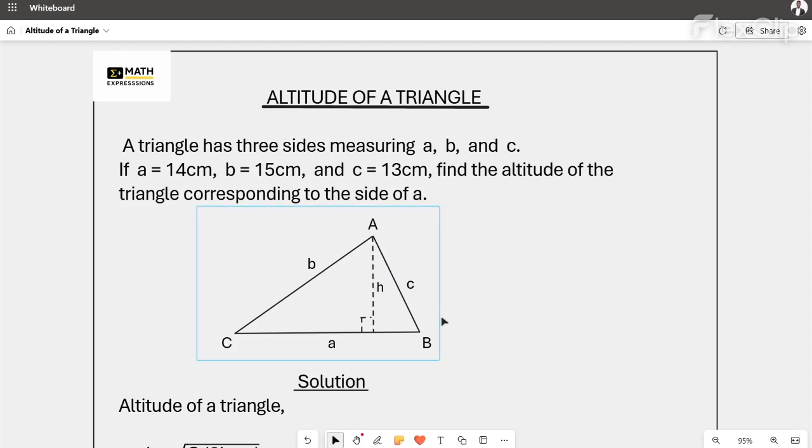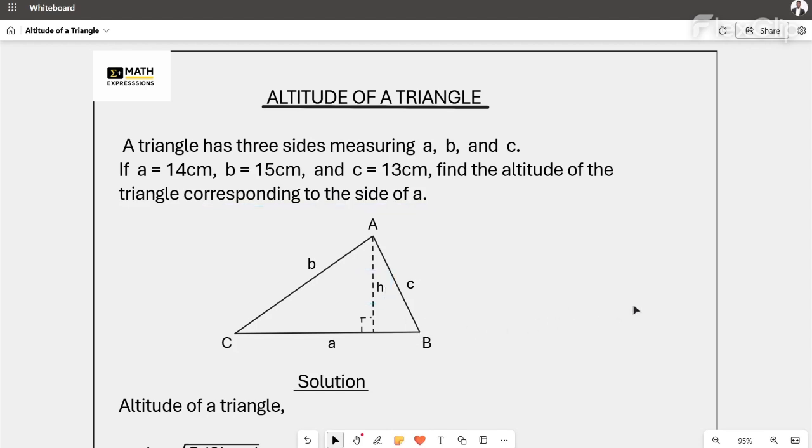But before we move on, it is important to let you know that we are not going to use any of the other methods we've known before now for finding altitude of a triangle in this video, which is, first of all, to find the area of the triangle using Heron's formula, and secondly to use half base times height, another formula for area of a triangle, to find the height of the triangle from that formula.